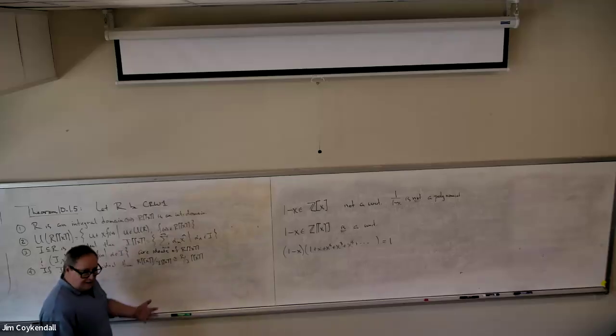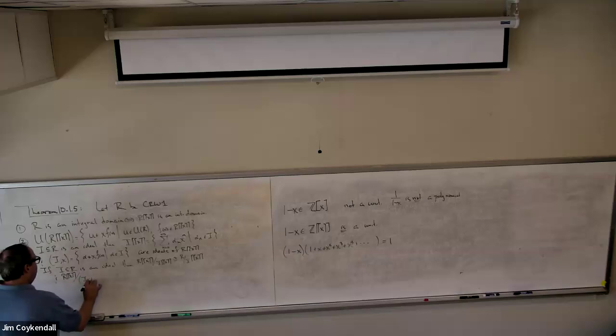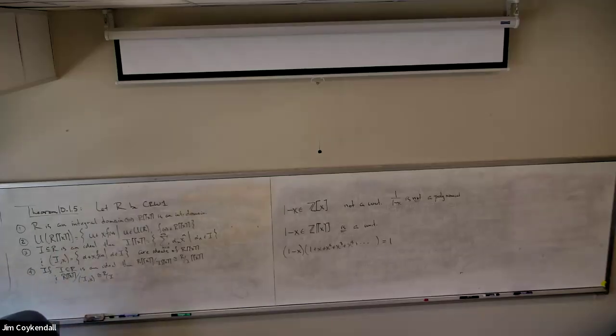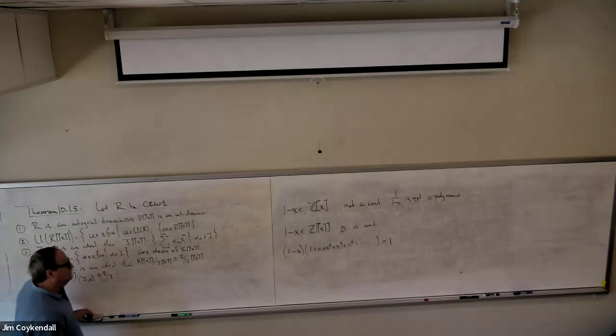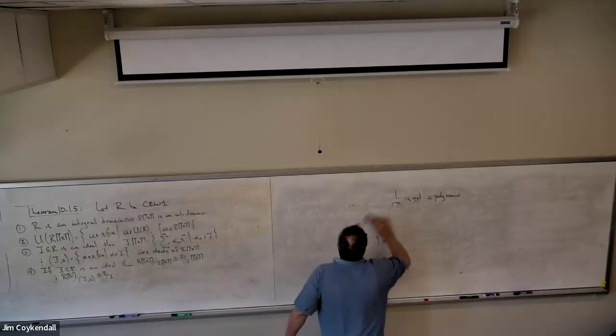So this is analogous to polynomials, as is this: R[[x]] modulo (I, x) is isomorphic to R mod I. What else do we have?